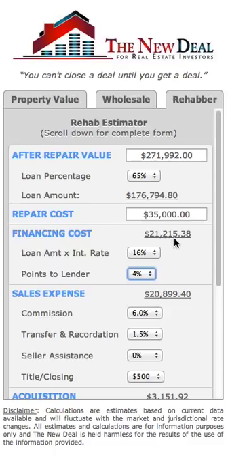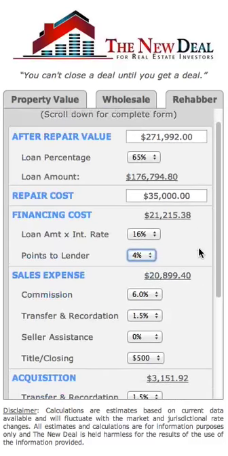That absolutely is going to determine how much you're going to make in profit, because you're going to be paying these fees out. And this is something that most rehabbers forget when they're getting started. They're looking at this ARV number of 271 and thinking, whoa, I can get in for 176 and turn around and make almost $100,000 off the property. But no, you are paying additional costs for this money.